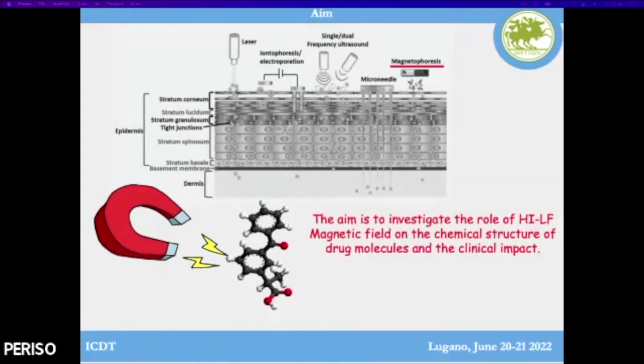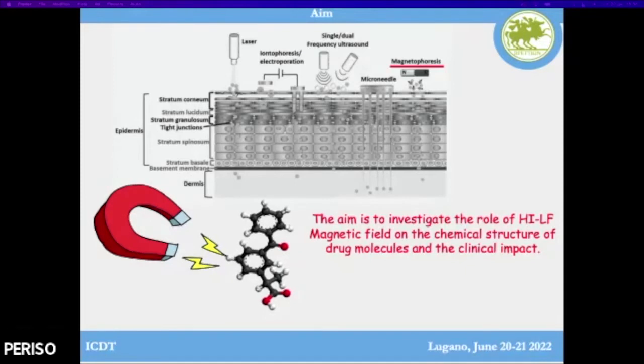In this case, we can use an external magnetic field to push drugs inside the body, for example. This is why many attempts were made to use magnetophoresis, to use a magnetic field to move drug molecules with a specific concentration to a particular part of the body.